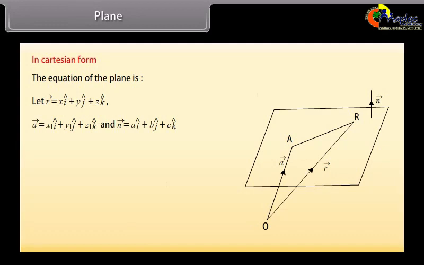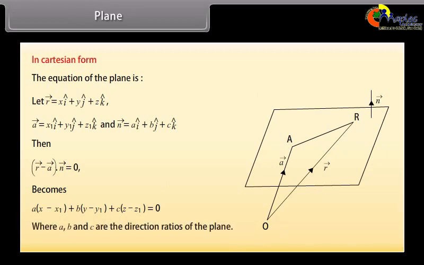Vector n equals a i cap plus b j cap plus c k cap. Then, the dot product of vector r minus vector A and vector n equals 0 becomes a into (x minus x1) plus b into (y minus y1) plus c into (z minus z1) equals 0, where a, b, and c are the direction ratios of the plane.